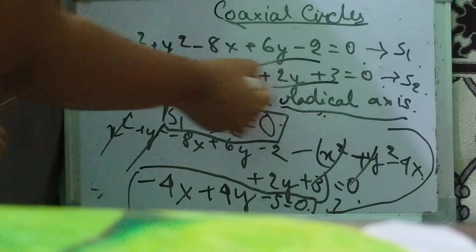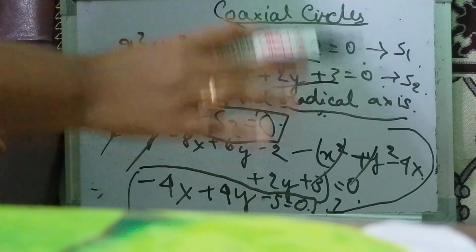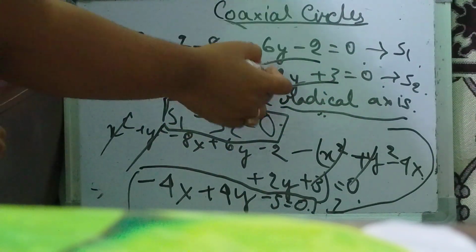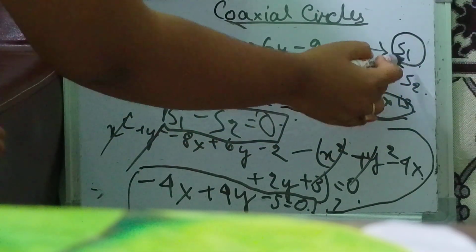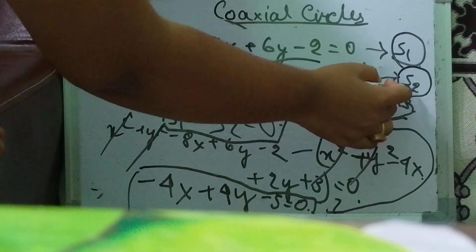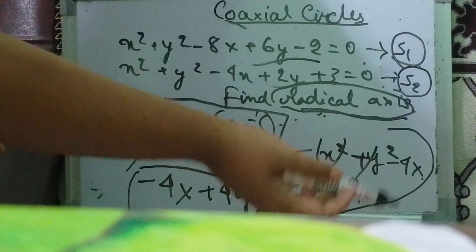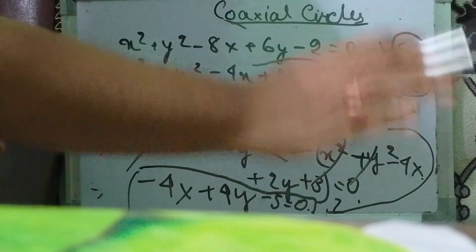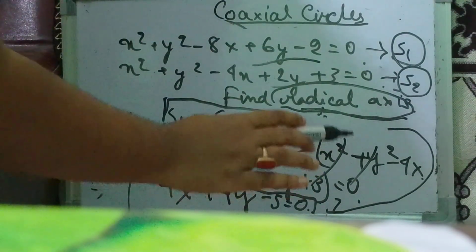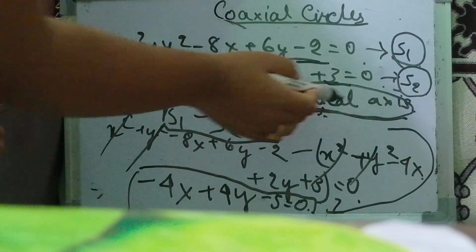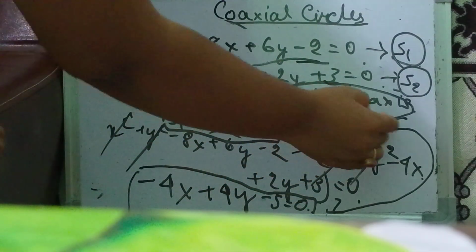The equation of the family of circles, all of them, pass through the same radical axis. Equation 1 is given, that is S1, and equation 2 of circle S2 is given, and the family of circles will also be given. Radical axis means all of the equations in the family share the same radical axis.